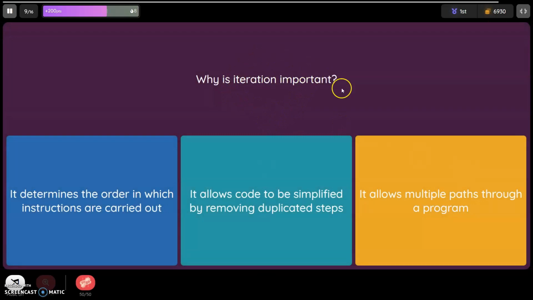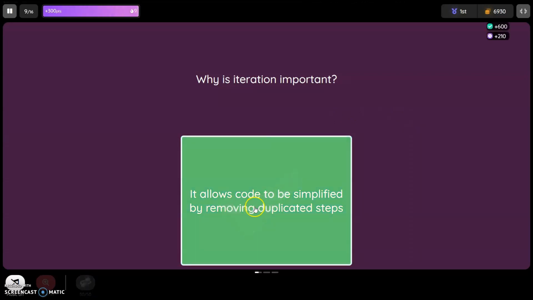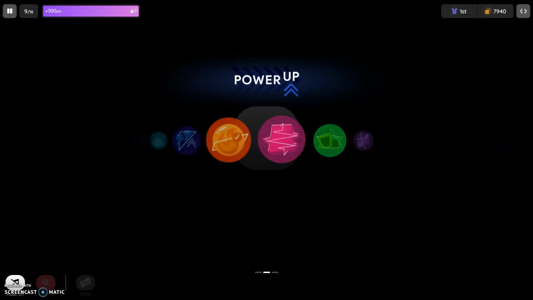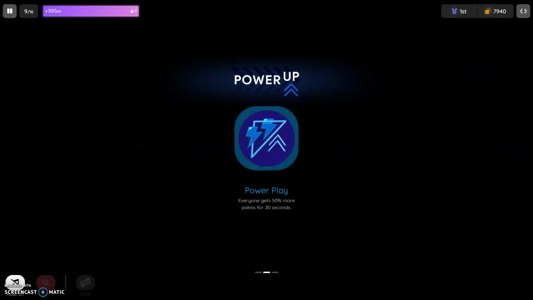Why is iteration important? I think it removes duplicated steps. Let me explain that question.